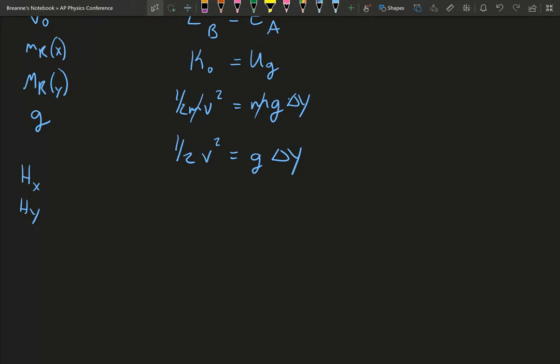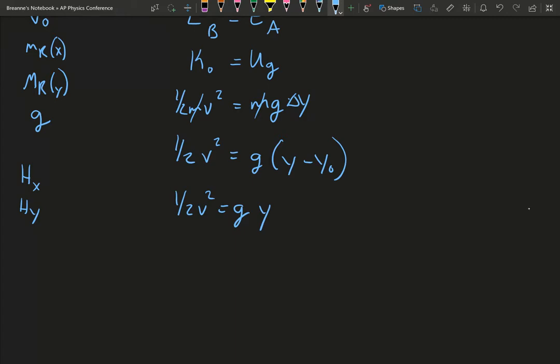And because we're solving for our height, y naught is just going to be 0 because we're starting at the bottom. So we're left with that.